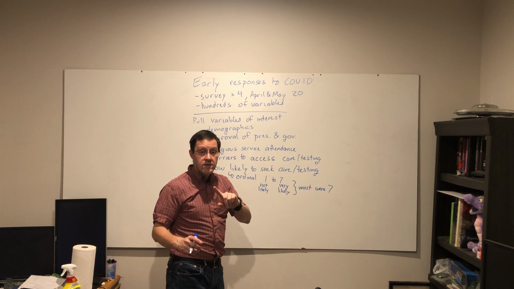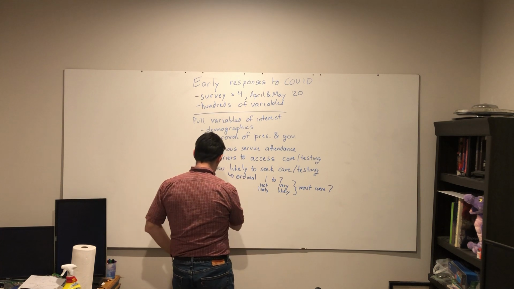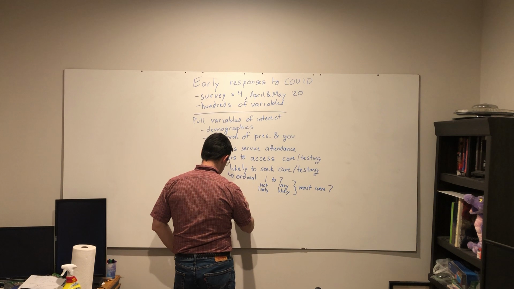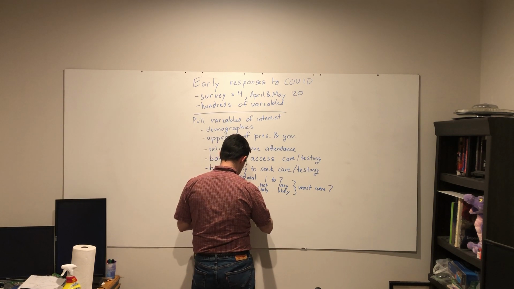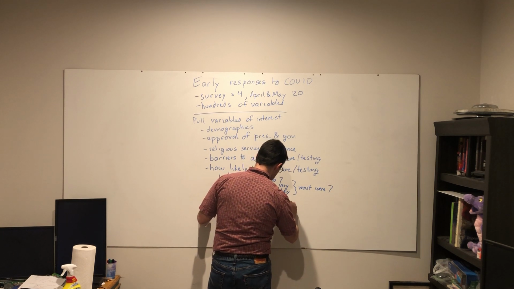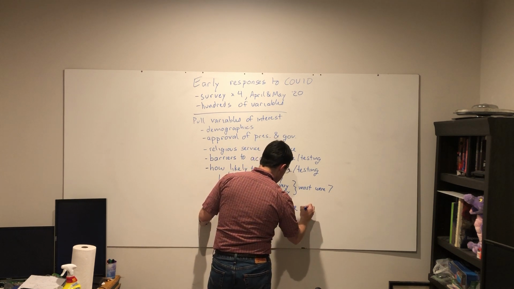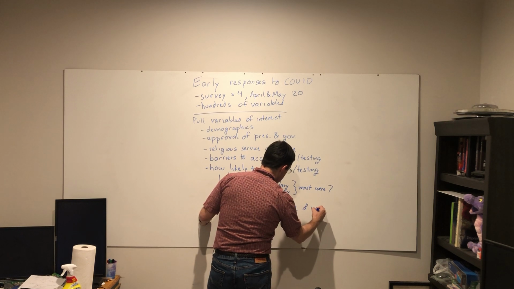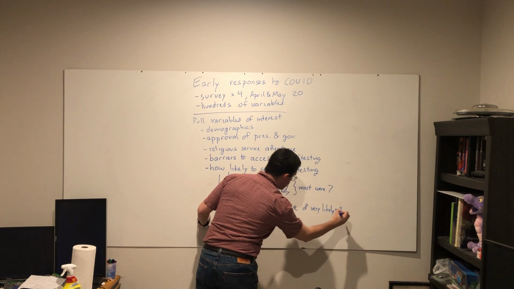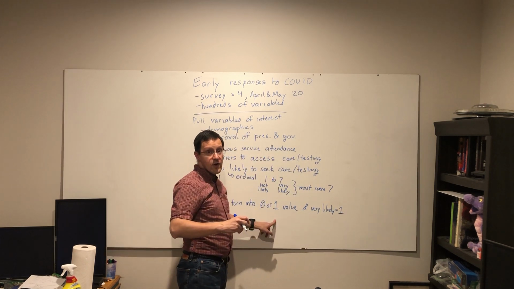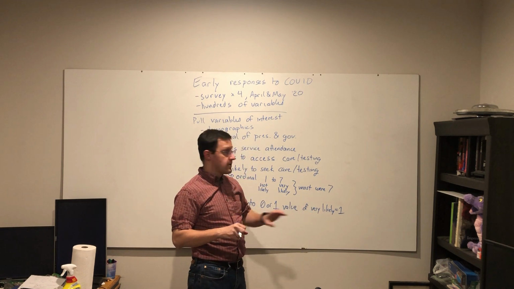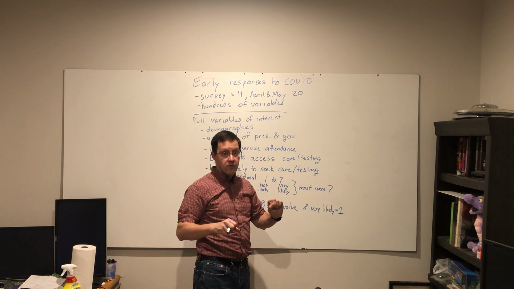So then what I did was turn it to a binary variable where a value of 7, very likely, became 1, and everything else was 0.